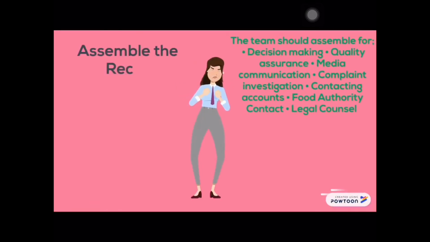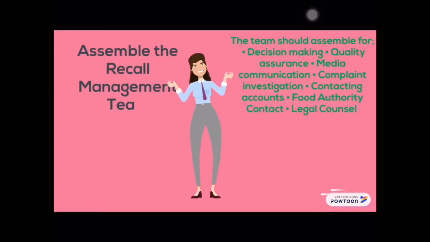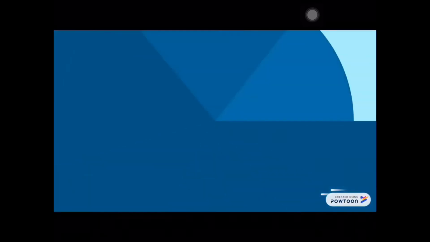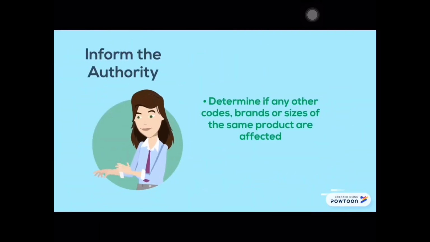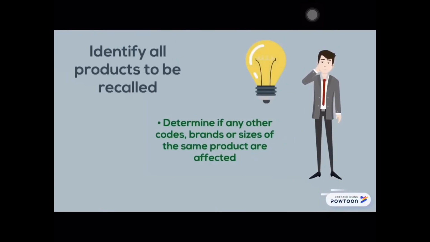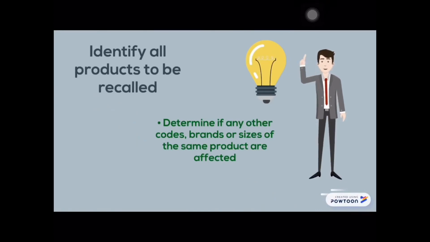The first procedure will be to assemble the recall management team. Next, it will be followed by informing the authority. Next, the authority should identify all the products to be recalled. This is to determine if any other codes, brands or sizes of the same product are affected.